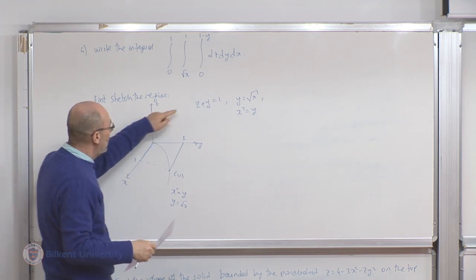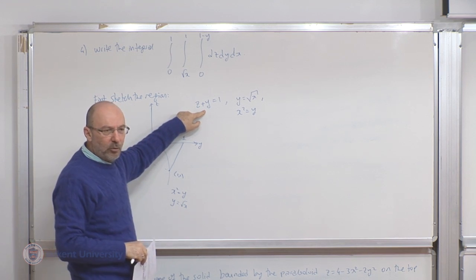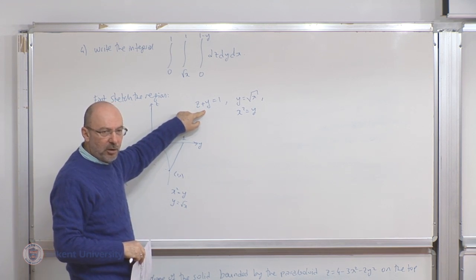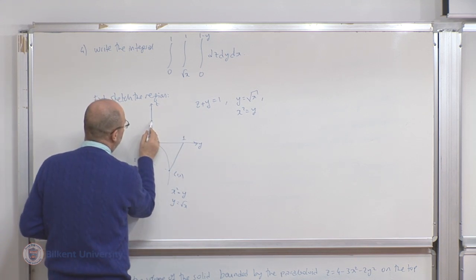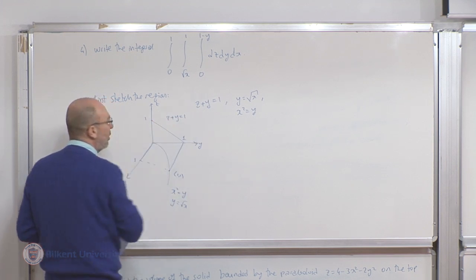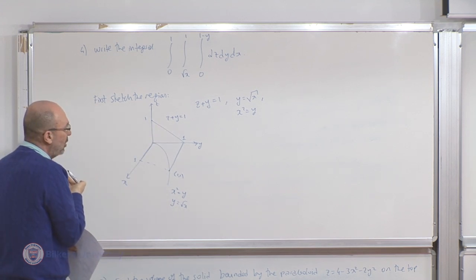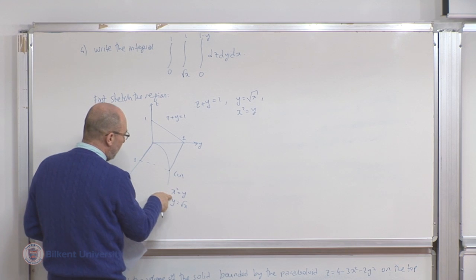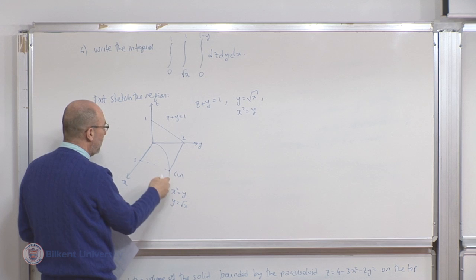So the plane, you see, this is a cylindrical surface. Only 2 parameters are related to each other. The third parameter is free. So if you look at this line, this is z plus y equals 1. This is 1. Okay? And then it comes like this here. That's your cylindrical surface. This is another cylindrical surface. Okay? Because x and y are given, z is free.